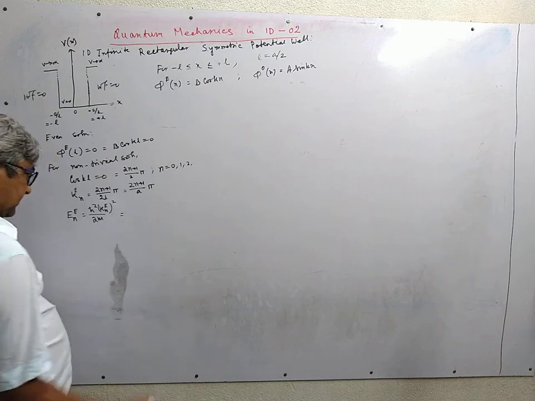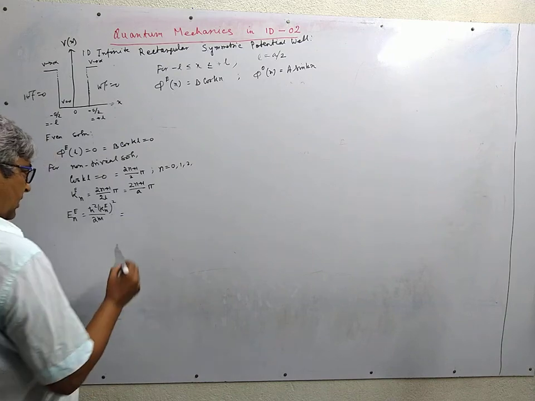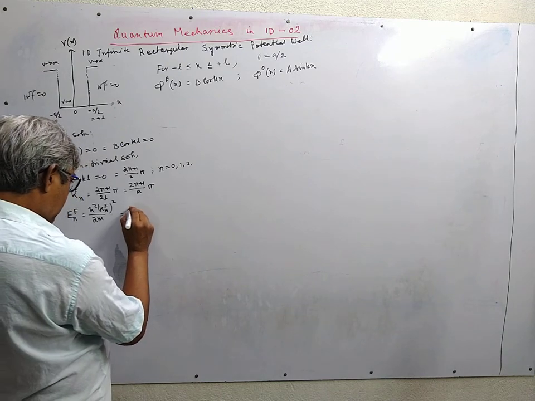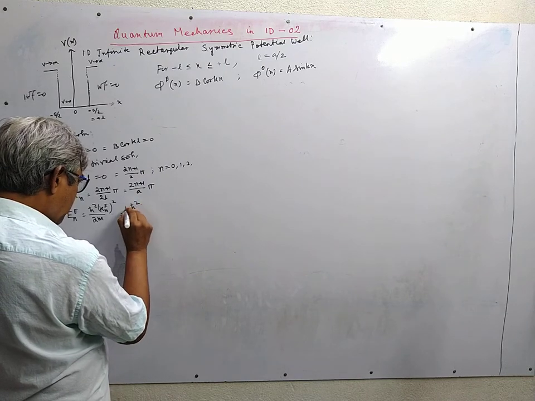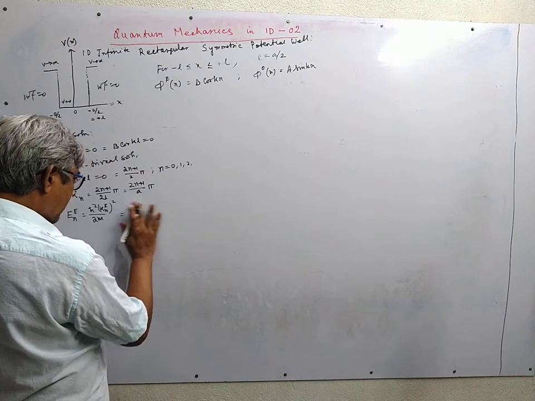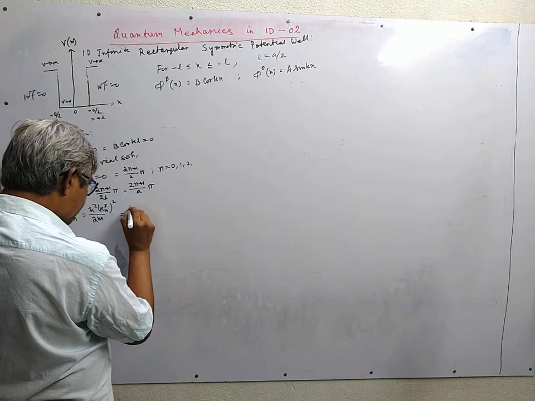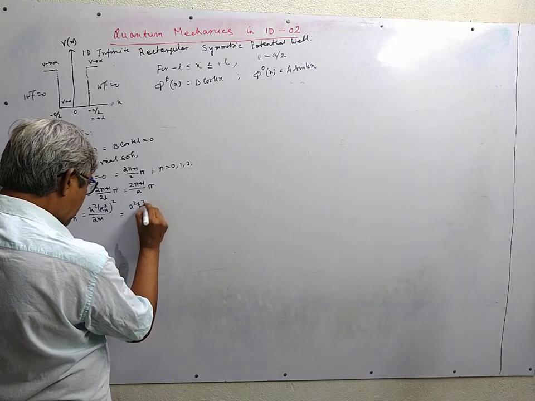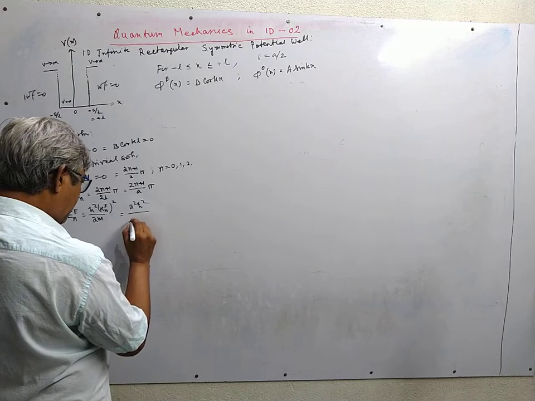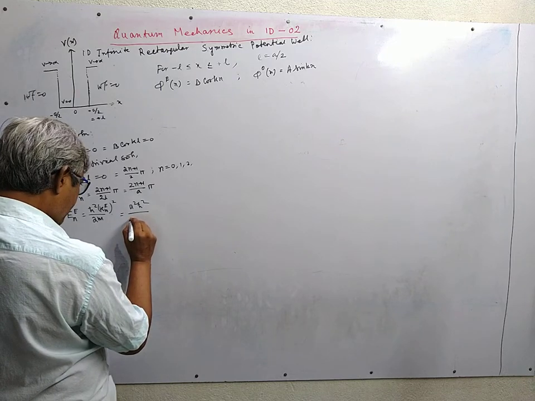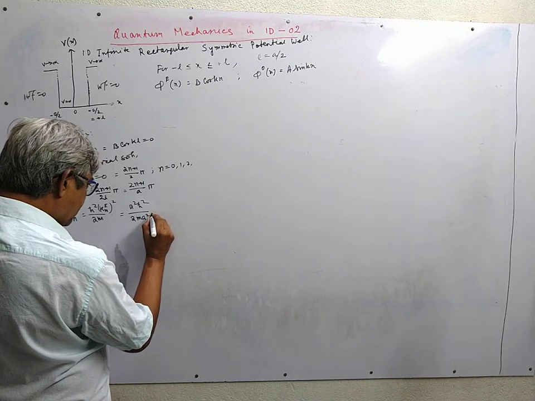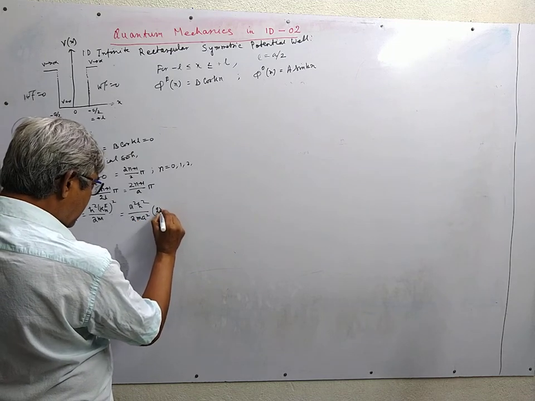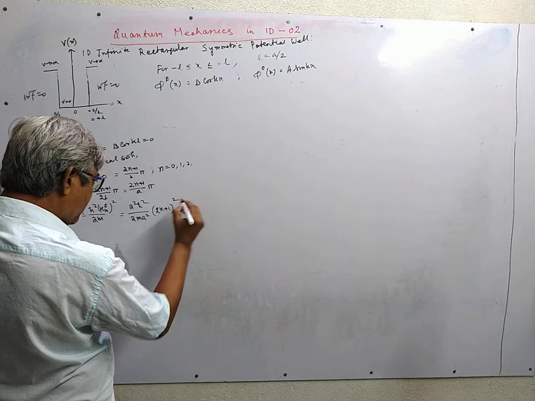So this is pi square h line square, this pi square comes, and in the denominator we have 2ma square, 2n plus 1 whole square.